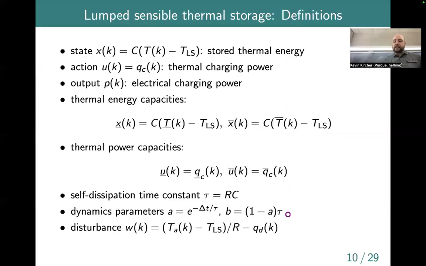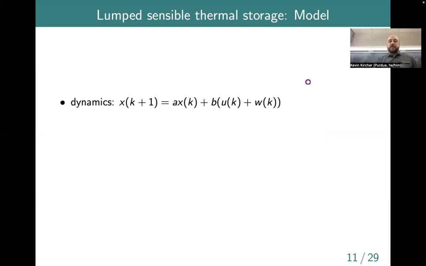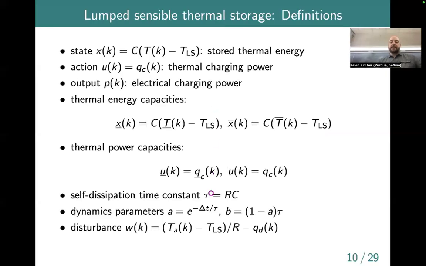So the question is, in the dynamics equation that shows up here, just as one example, we have B times the sum of U plus W. So it's not a function, it's just a number. B here, so suppose A is equal to 0.9, then B would be equal to 0.1 times tau.